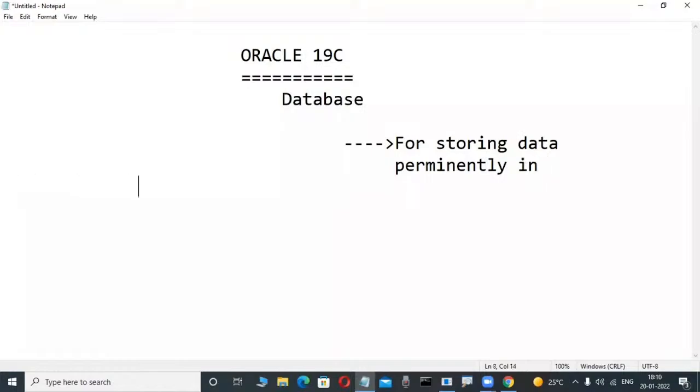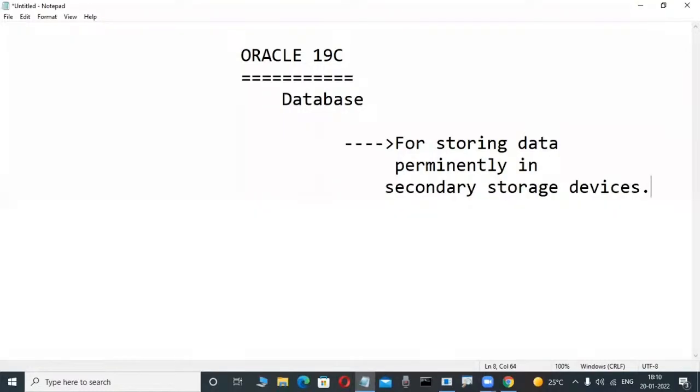Secondary storage devices means maybe hard disk. Okay, fine. Permanent. Suppose today we store data; after 5 years, 10 years, 20 years, 100 years, your data is still available.